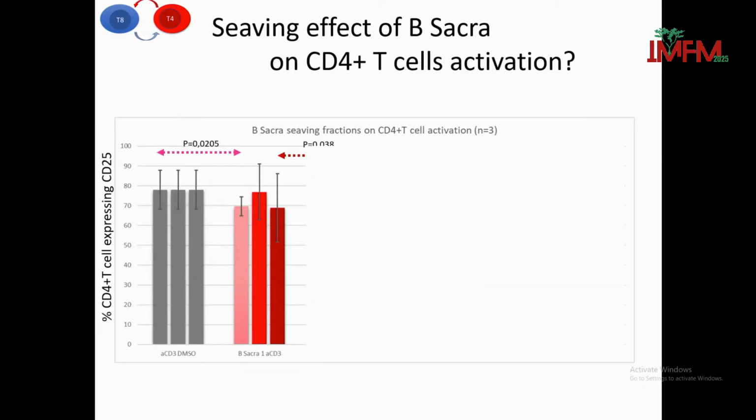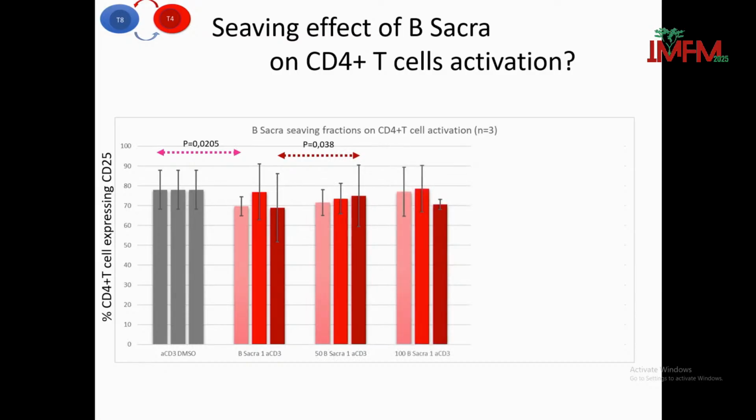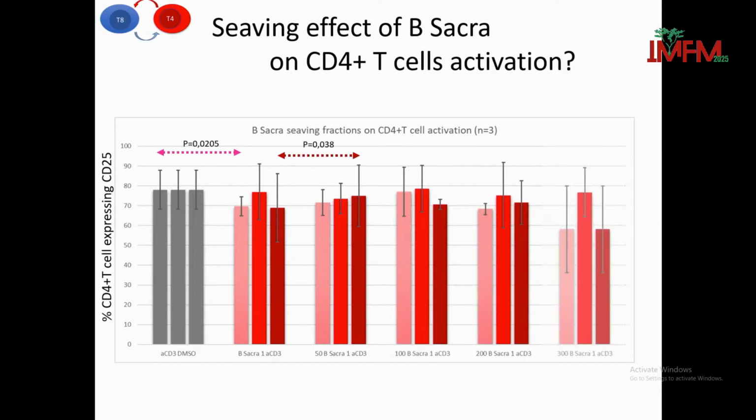If we compare the different fractions of granulometry according to the size of the powder, you have three concentrations of Boswellia, 0.1, 1, and 10 microgram per microliter. And if we have the basic powder, we can compare it with 50 micron, 100 micron, 200 micron, and 300 micron sizes of the powder that we have separated.